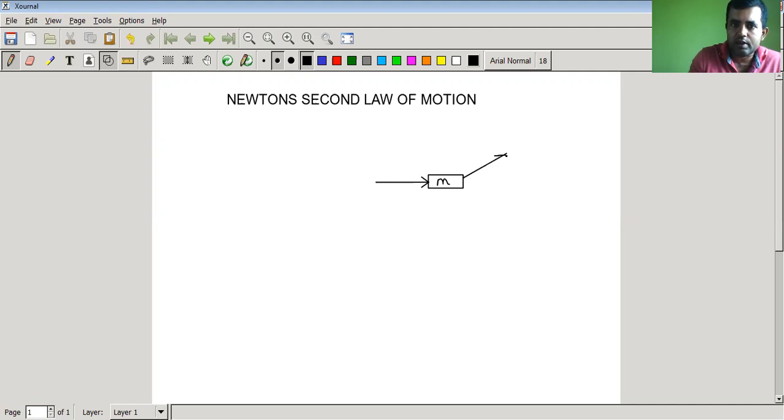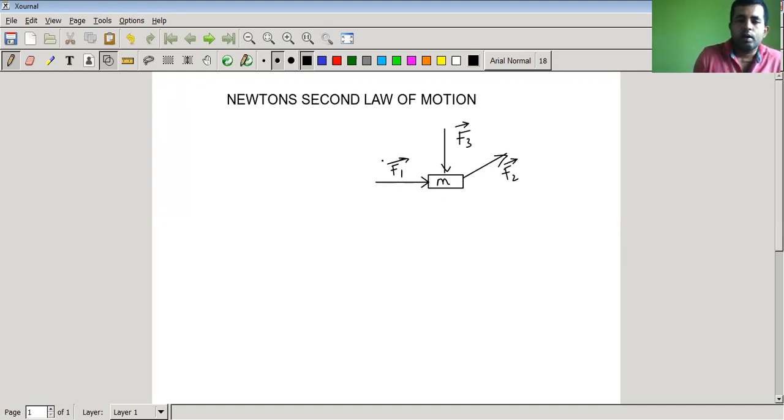One is acting in this direction, let us say this is F1. One is acting in this direction, let us say F2, and so on. One is, let us say, acting in this direction. So this block, which is our system, is under the action of these three forces.